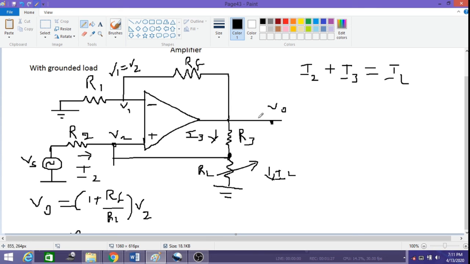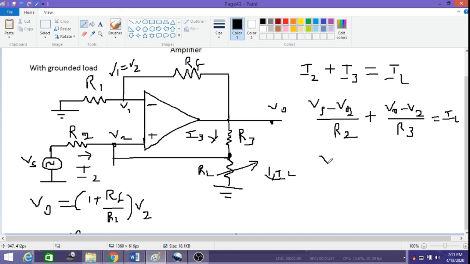If we write the load analysis, the potential difference across R2 can be defined as Vs minus V2 by R2, plus V0 minus V2. I3 is nothing but V0 minus V2 by R3, equals IL.